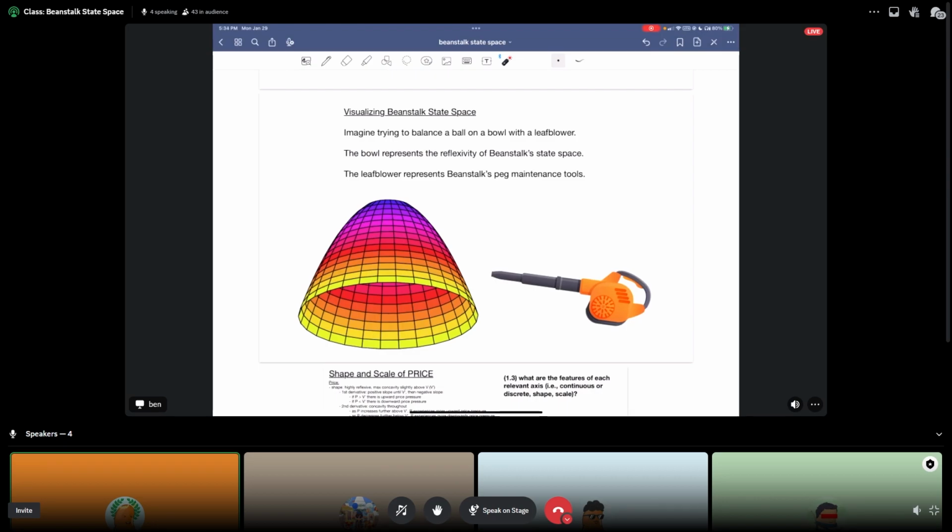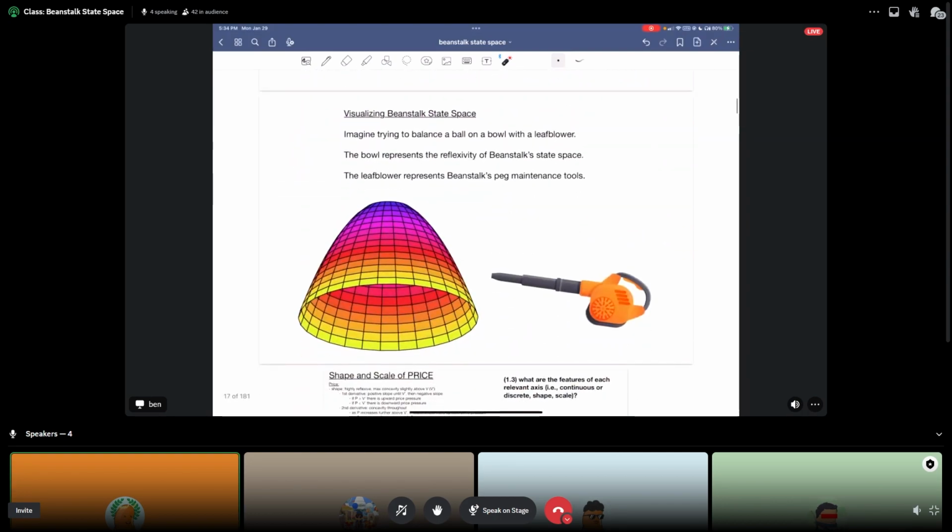So I'm a big fan of the metaphor of trying, on top of a reflexive system like Beanstalk, to keep a ball, maybe even a small ball, on top of here, maybe even over here or over here, with a leaf blower, which is obviously an imperfect way to apply force. So Beanstalk has the ability through peg maintenance to apply force, but it's going to affect things in ways that it doesn't necessarily want it to. So it should tread lightly and apply force minimally, minimizing the extent to which Beanstalk enters a death spiral. So understanding this task is really the point at hand.